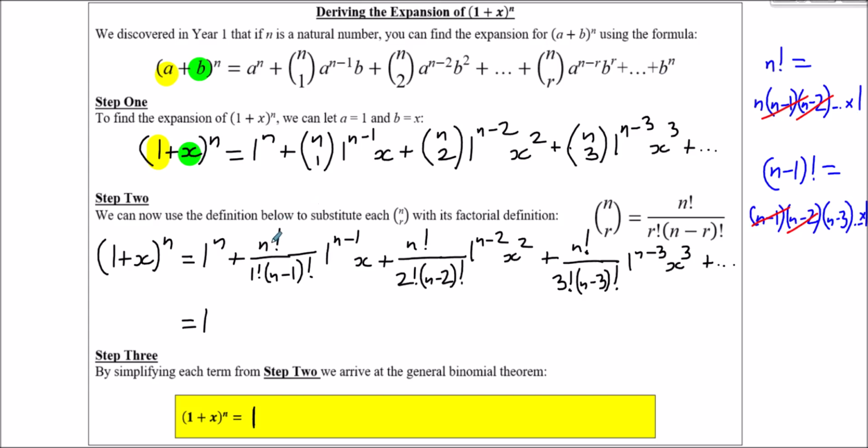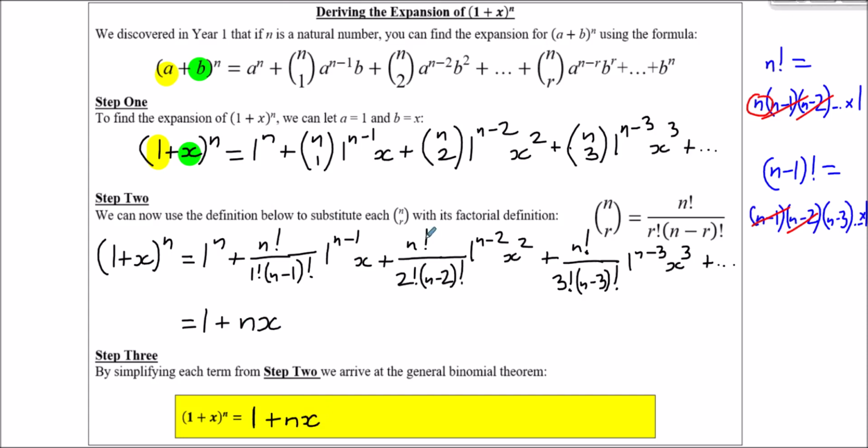The only thing we're going to be left with is just this n at the start. And 1 factorial is just 1. So all this becomes 1. So it becomes n times 1 times x. So that becomes plus nx. So we get 1 plus nx, like so.